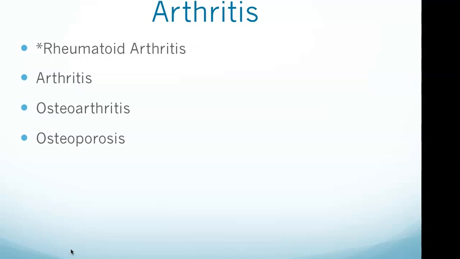Osteoarthritis is a degenerative joint disease characterized by the loss of cushioning cartilage. And then finally, osteoporosis is caused by lack of calcium and vitamin D in the body, and is also characterized by bone loss that occurs naturally in aging.